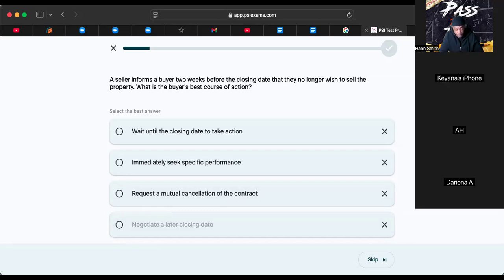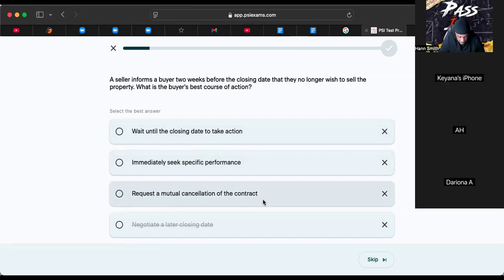What y'all think? Get rid of 1. It says a seller informs, am I sharing? I'm sharing it. A seller informs a buyer 2 weeks before the closing date that they no longer wish to sell the property. What is the buyer's best course of action? Wait until the closing date to take action, immediately seek specific performance, request mutual cancellation of the contract.